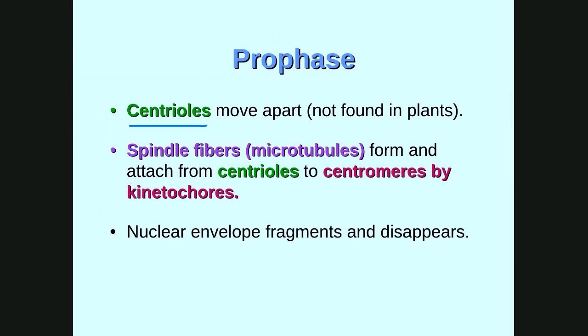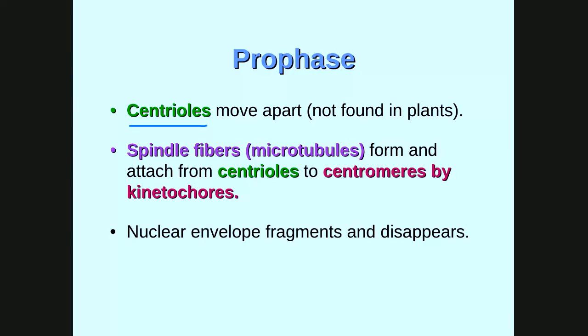The centromere is the part between the two sister chromatids which connects them with each other, with the help of the kinetochore. Kinetochore is another type of protein which combines the centriole with the centromere. So the nuclear envelope breaks down and disappears slowly.